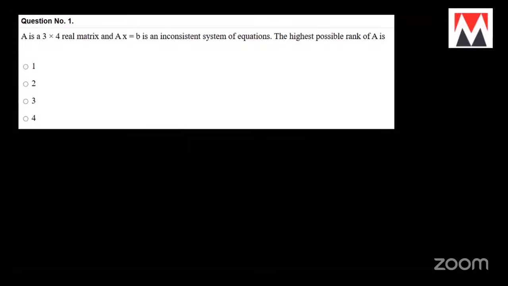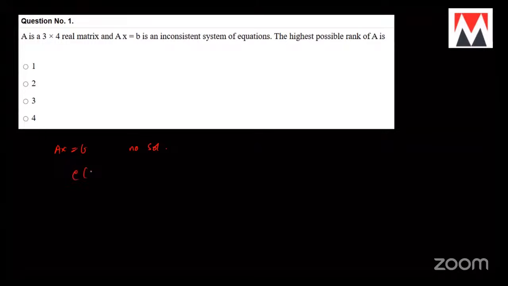So AX equal to B is an inconsistent system of equations. So it is saying AX equal to B is inconsistent means there is no solution, right? Highest possible rank of A. For a rank, you'll be seeing the minimum of these two. When it is inconsistent, definitely it is less than 3.